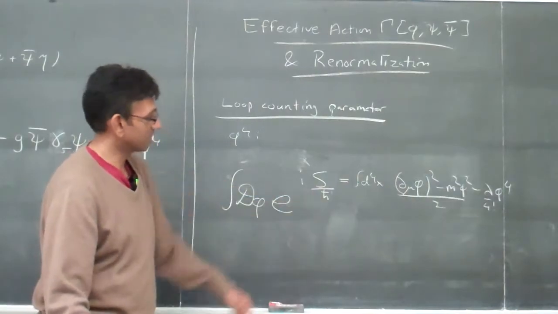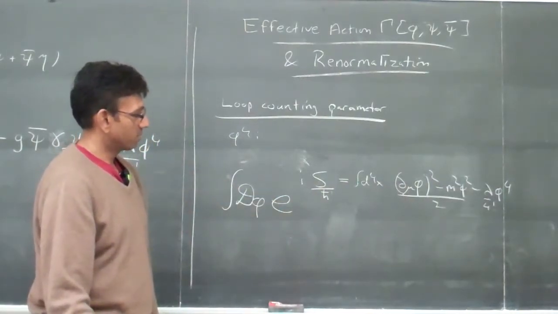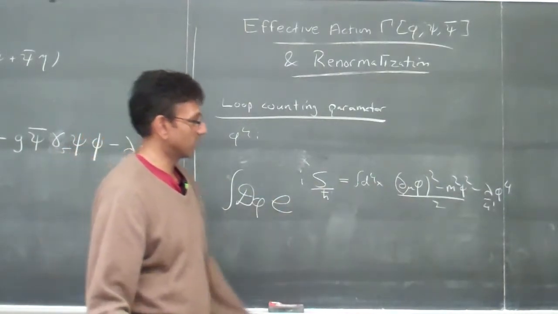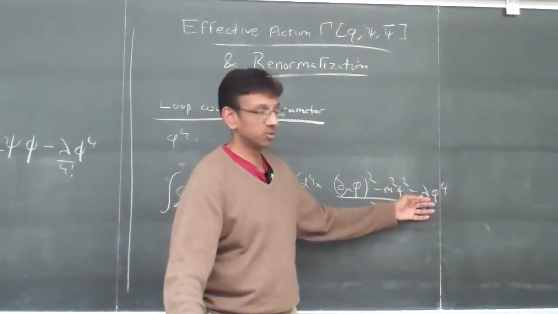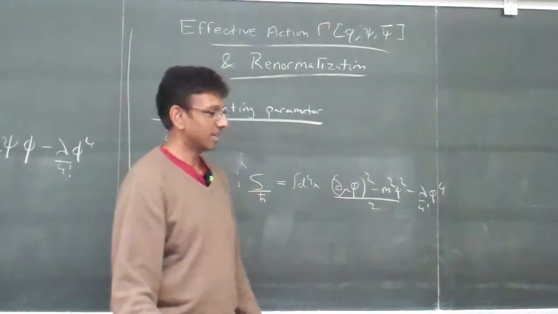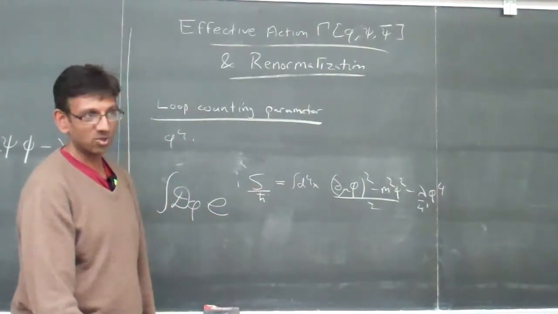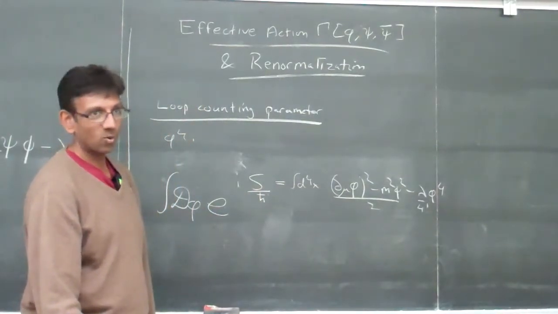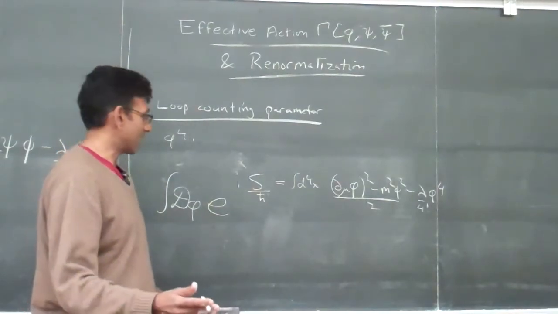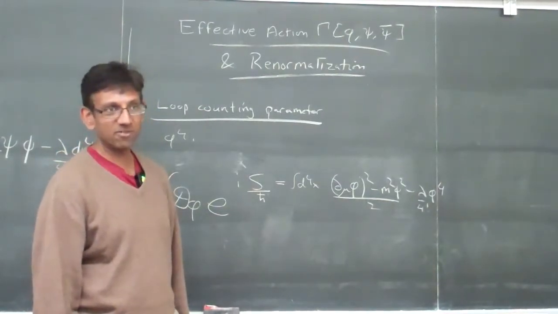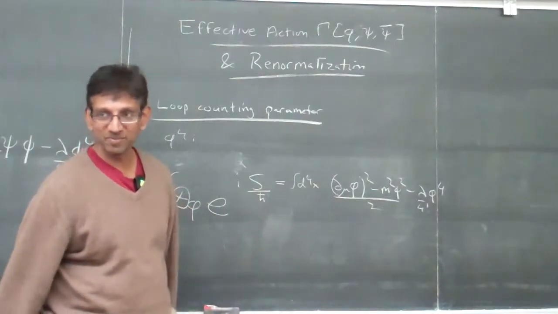Whereas by Feynman diagram analysis, we know that every extra loop is controlled by this parameter lambda, and they are sitting in different parts of the action, so it's not obvious in what sense one is related to the other, but there's a very simple way to see that in fact they are one and the same thing.